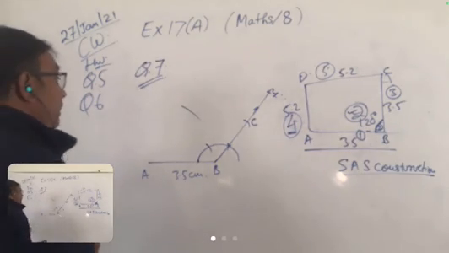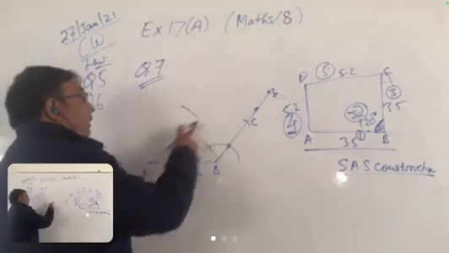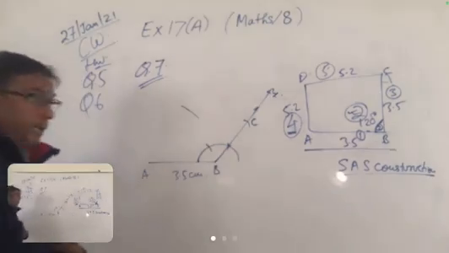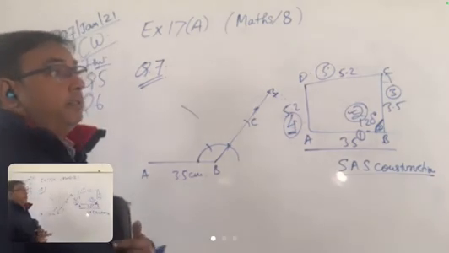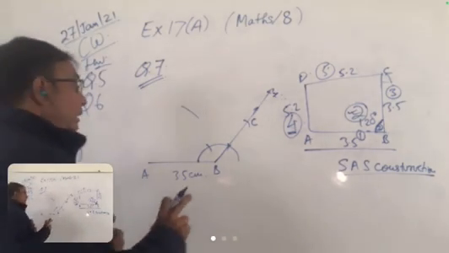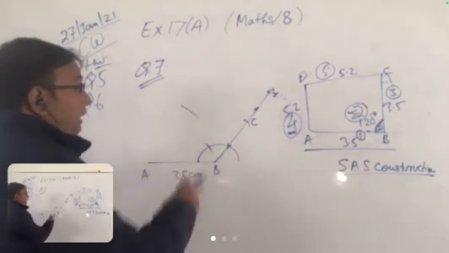It is 5.2 centimeter away from point A. Then put a compass at A and mark an arc.